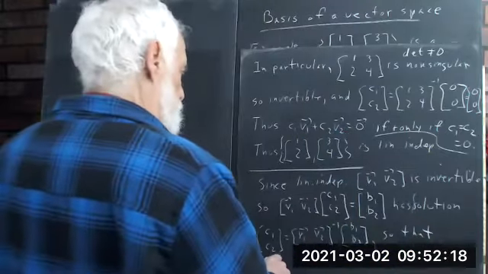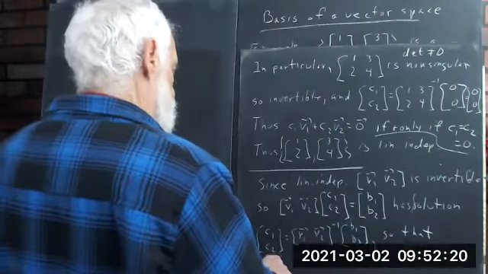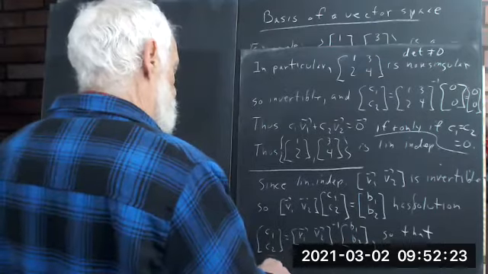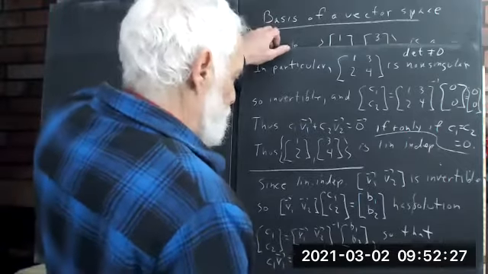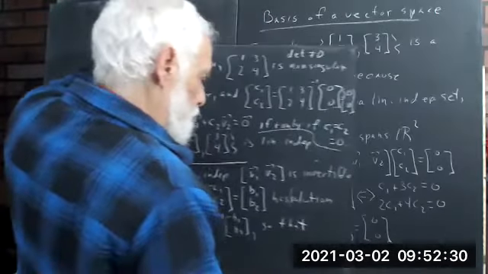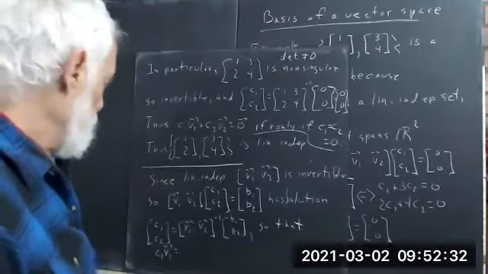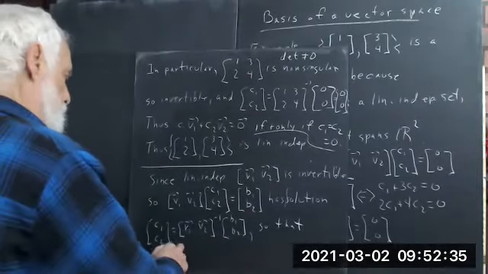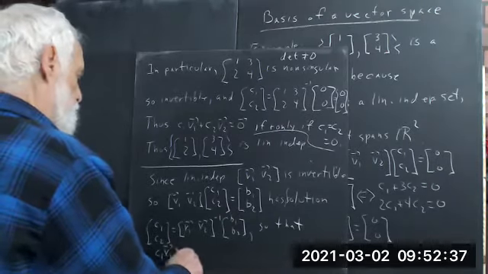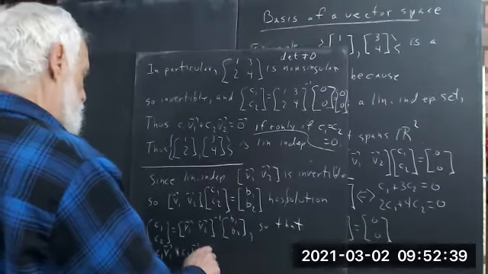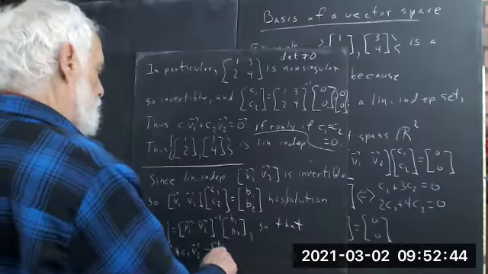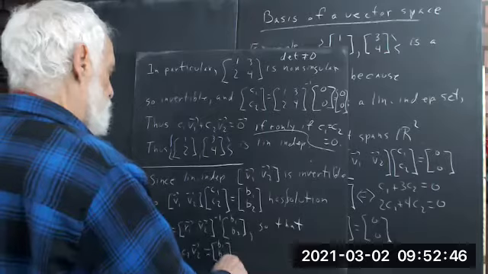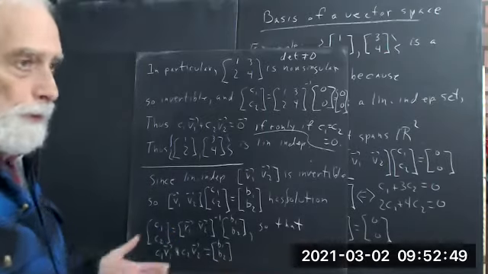So that C1 V1, I'm going to move this over a little bit because the watermark could obscure what I'm about to write. C1 V1 plus C2 V2 equals B1, B2.